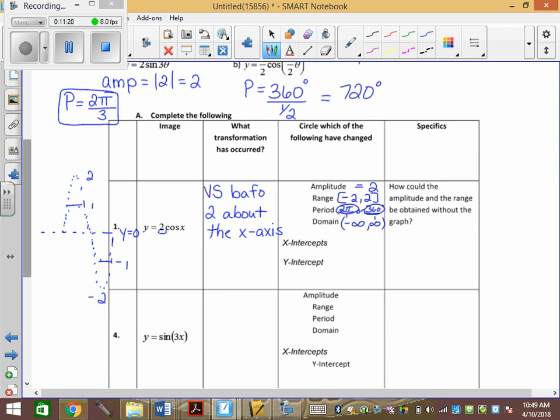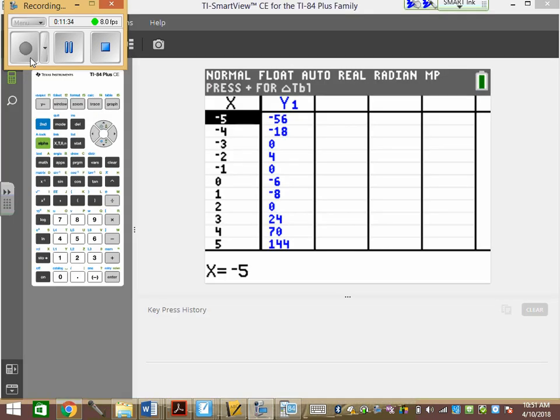We're going to practice typing these into our calculator so we know what they look like. Go to your y equals. I'm going to pause this and get mine. Put down your marker.